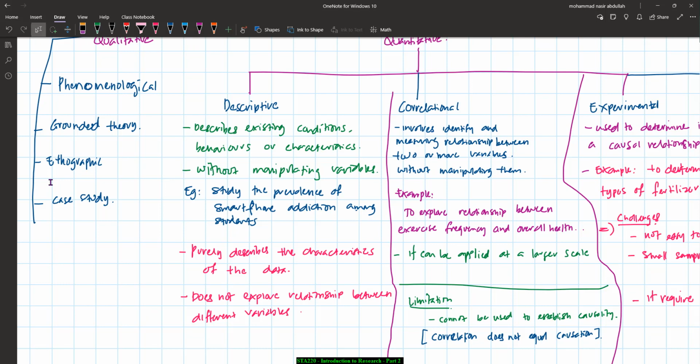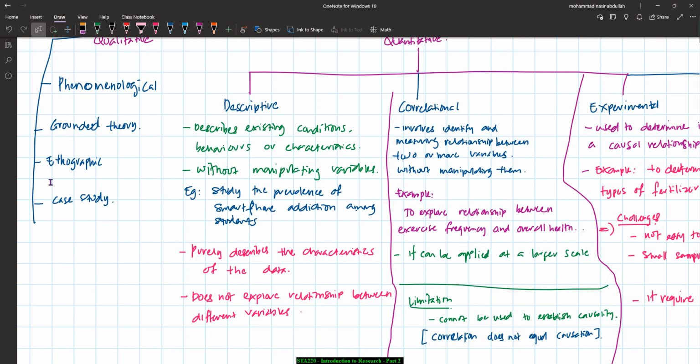Grounded theory is a research design that develops theories by continuously analyzing and comparing collected data from a relatively large number of participants, right? So basically, it's a bottom-up approach, with a focus on letting the data speak for itself.